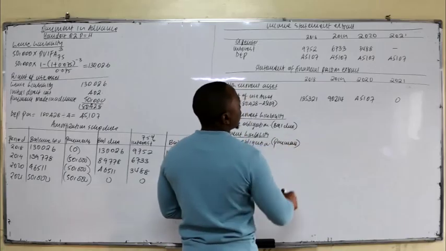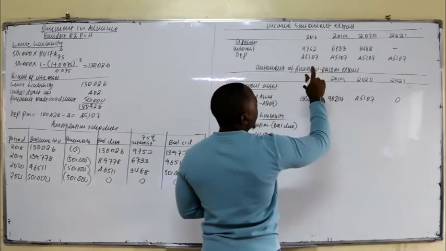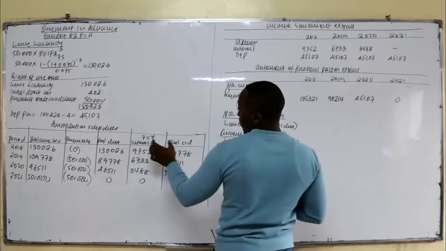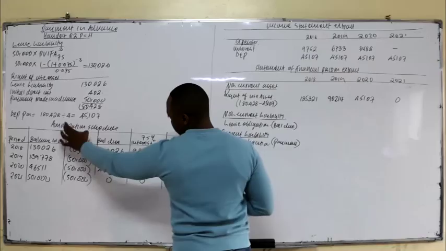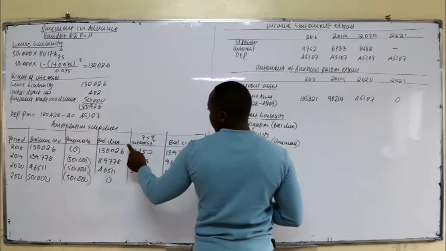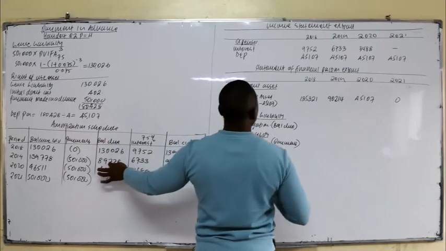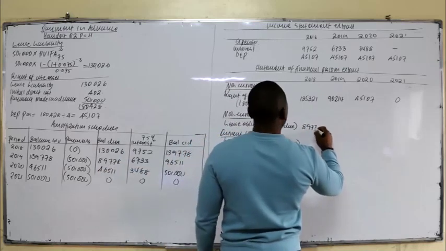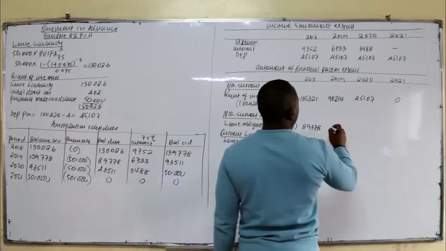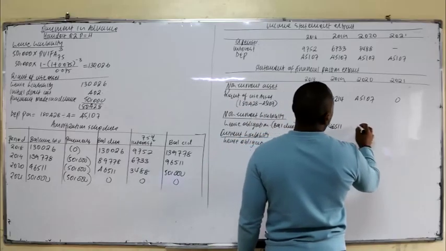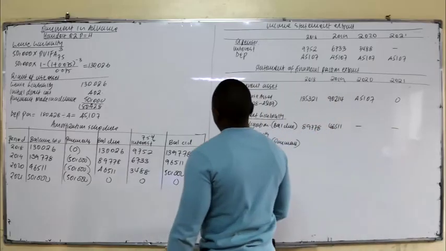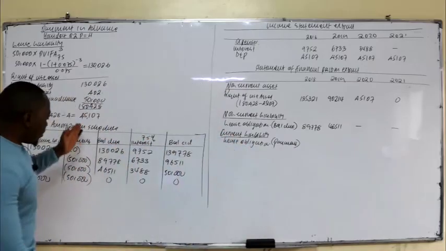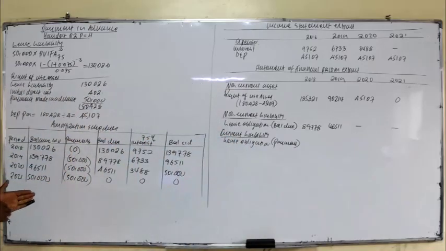Take the payments. So you're now dealing with the balance due and the payment. So for 2018, for 2019, you have an amount of 89,778, you have 46,511. Then for the current liability, you take the payment, what you expect to pay within the next one financial year.